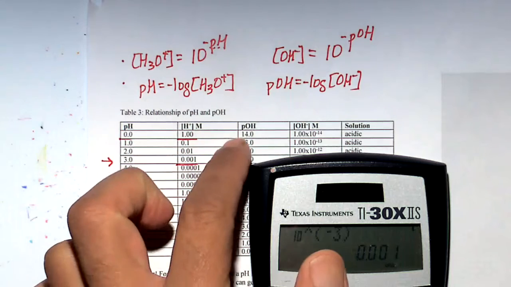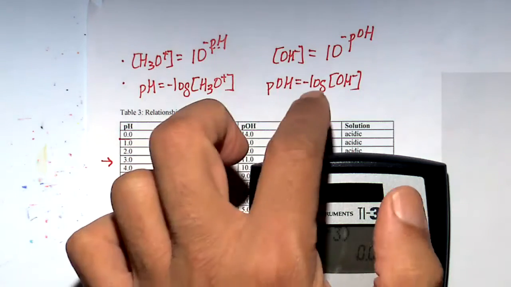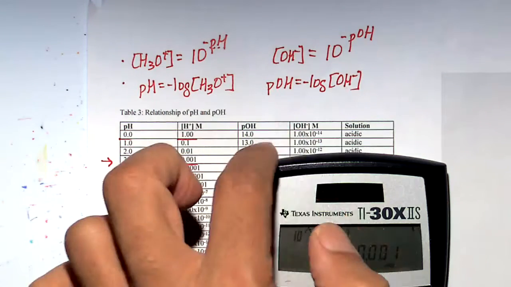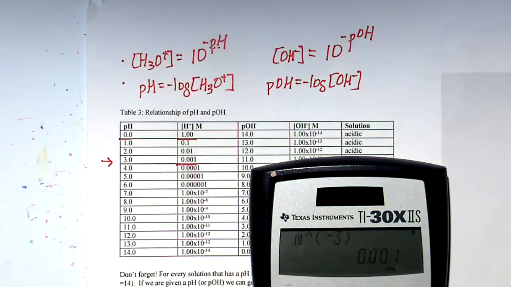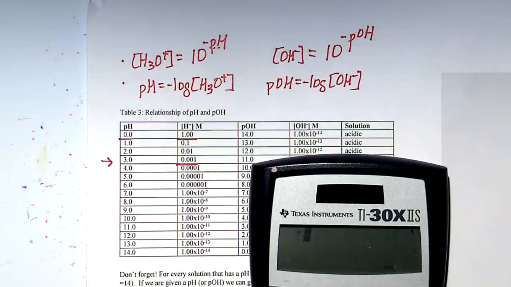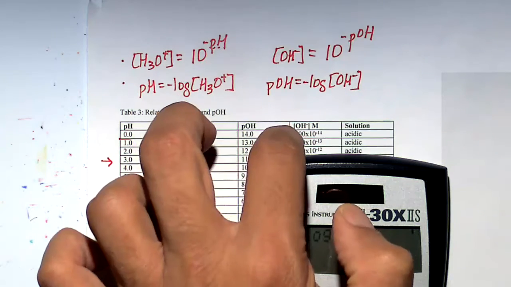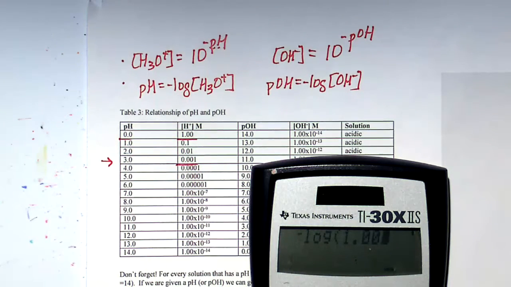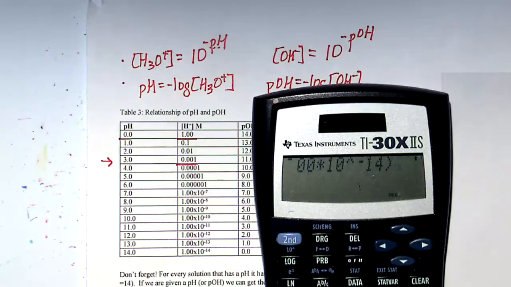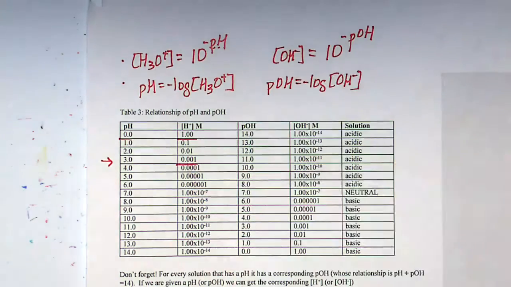The OH concentration is 1.00 times 10 to the minus 14. Let's do that here. Minus the log of 1.00 times 10 to the minus 14. Okay, 14.